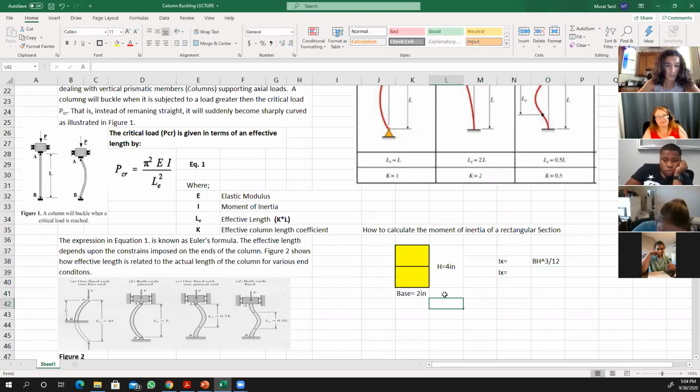So I have base 2 inch and height 4 inch.